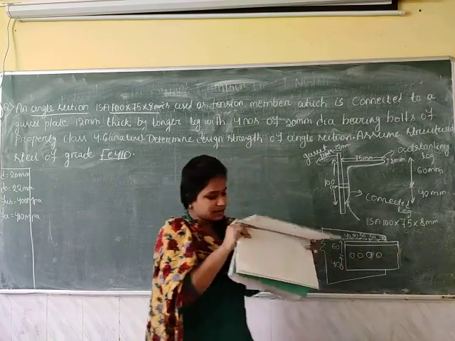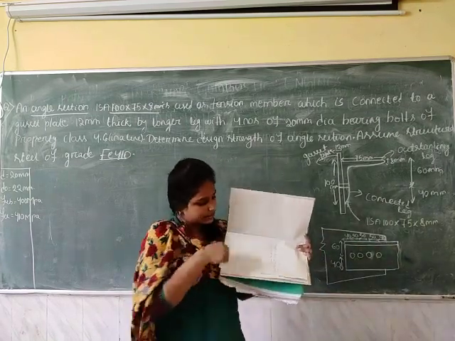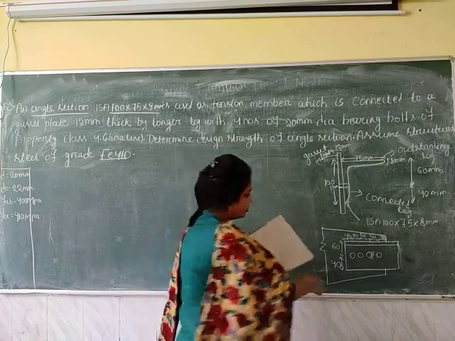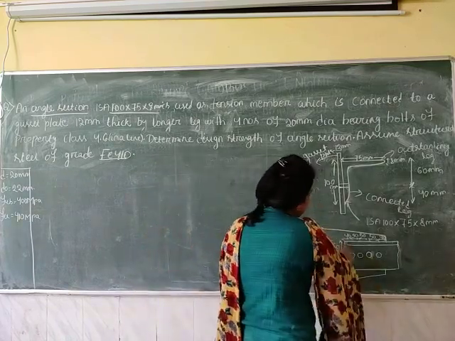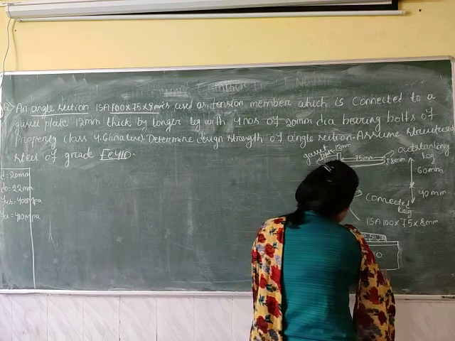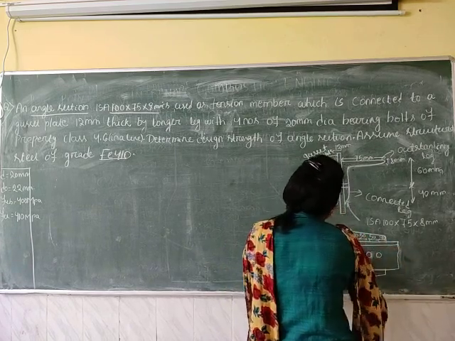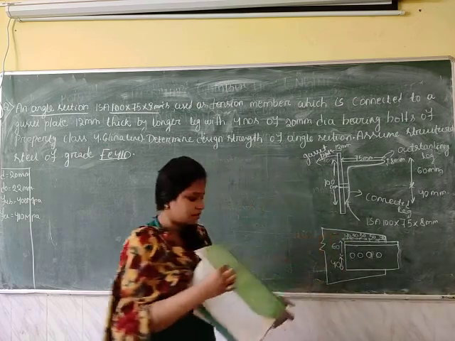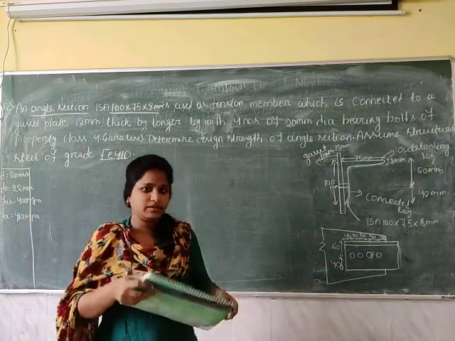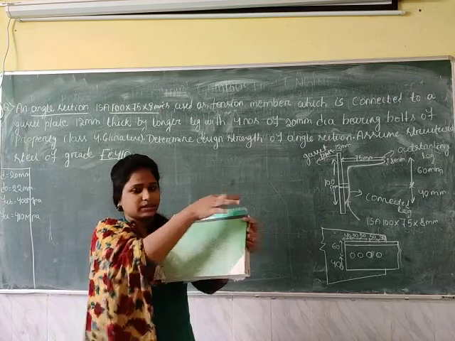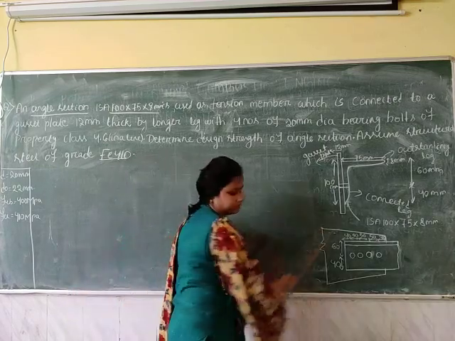Okay, and you can see this connected leg and all the bolts. Okay, so this is the connected leg and this is the outstanding leg. Okay, and behind this is the gusset plate. Okay, this is the gusset plate here. Okay.